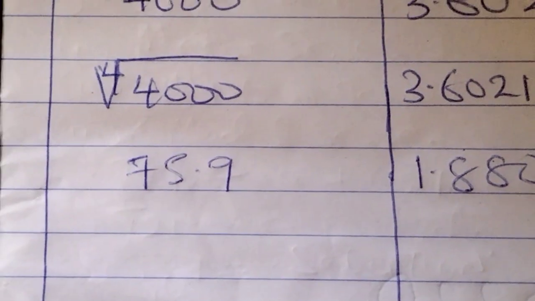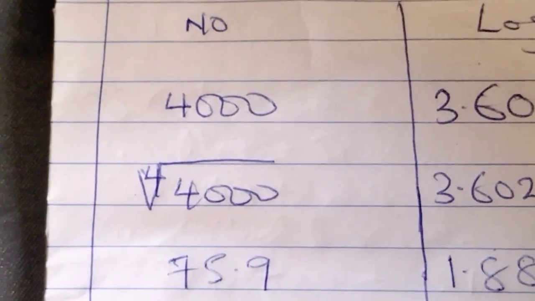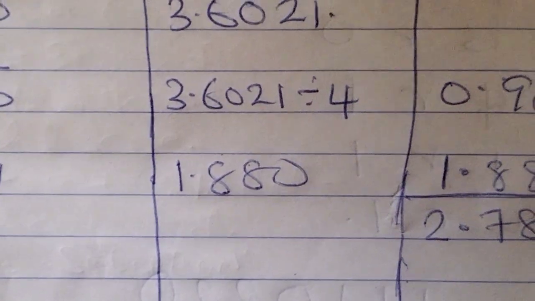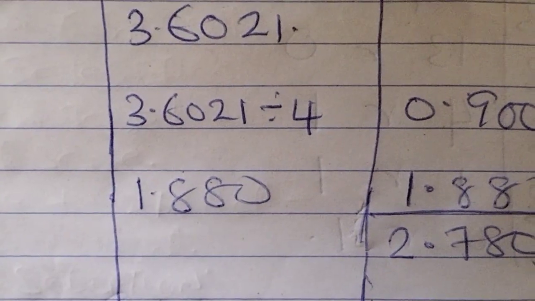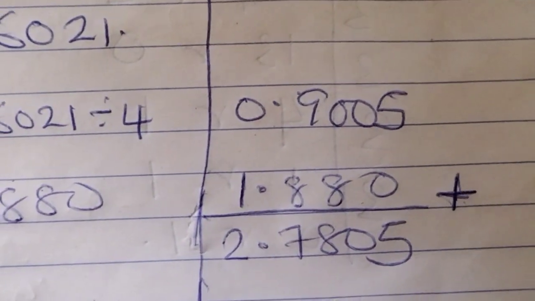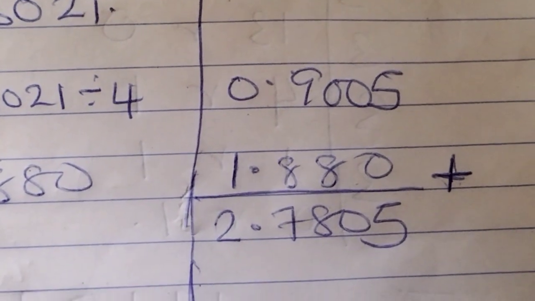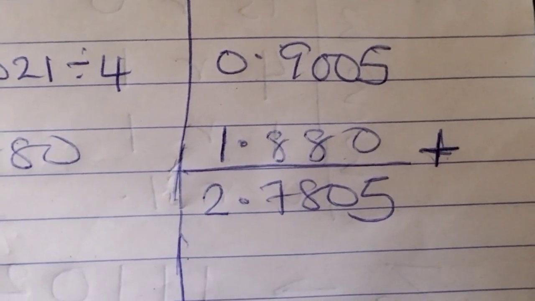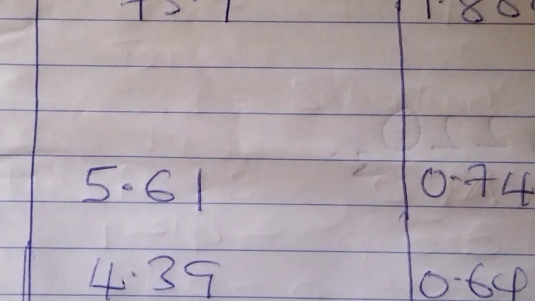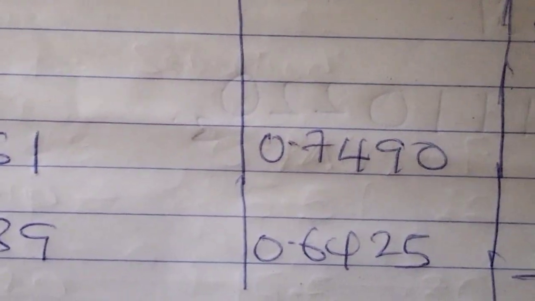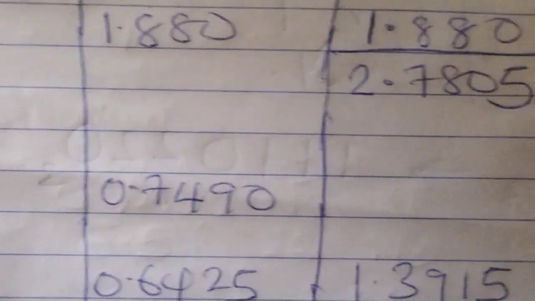Then the log of 5.9 gives us 1.880. We'll now add these two values, 0.9005 plus 1.880. That gives us 2.7805. Then the denominator 5.61, the log is 0.7490.